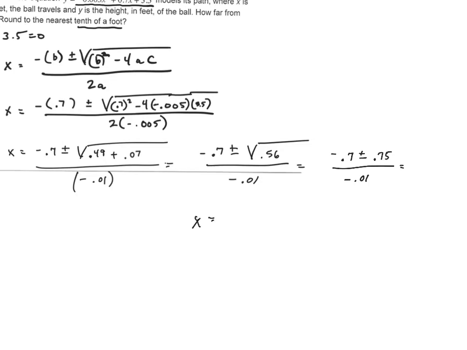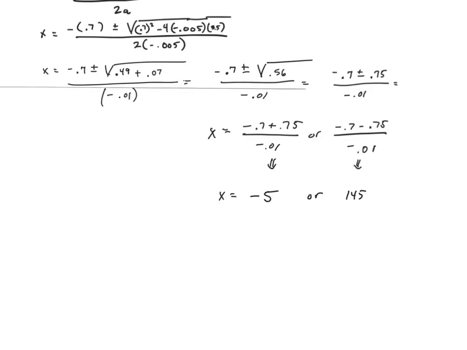So I have x is going to be equal to negative 0.7 plus 0.75 over negative 0.01, or negative 0.7 minus 0.75 over negative 0.01. And when I simplify these both down to their own solutions, my answers came to x equals negative 5 or x equals 145.